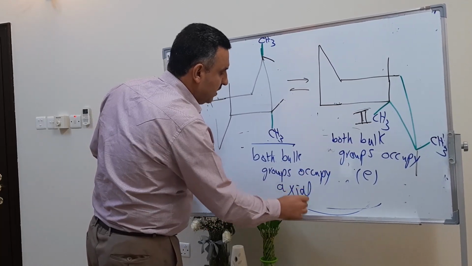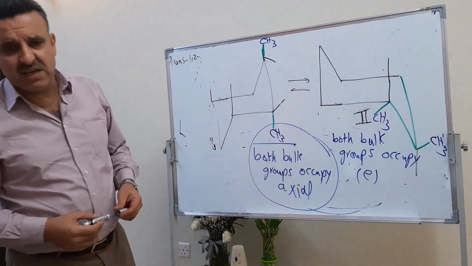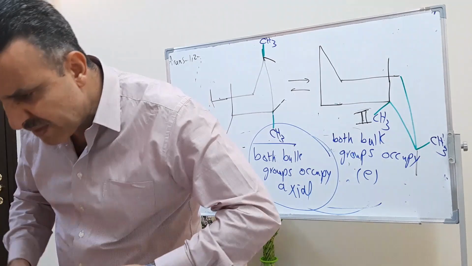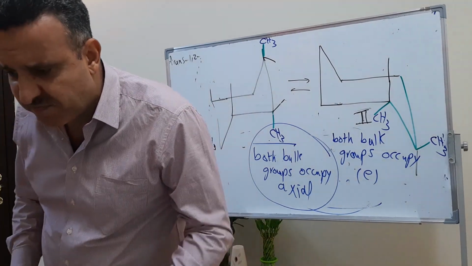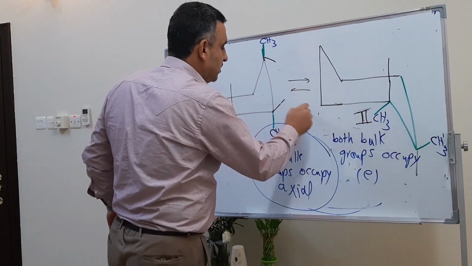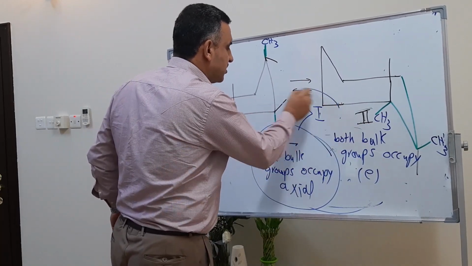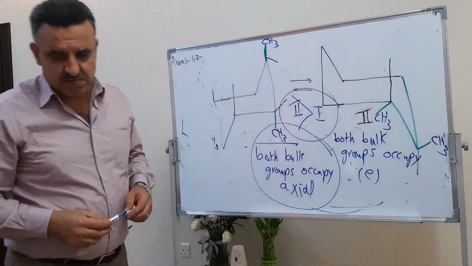What does that mean? If the bulky groups occupy axial, we should expect more repulsion forces, and therefore conformation number 2 is much more stable compared to conformation number 1.